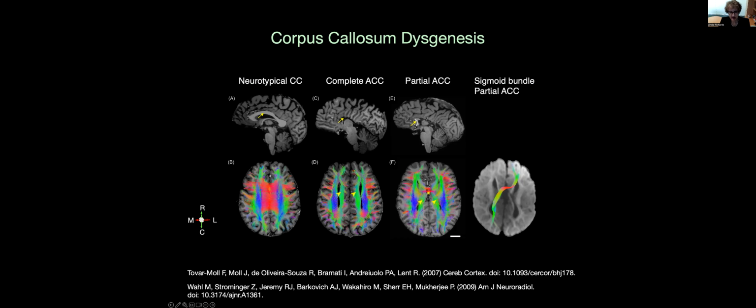Here we're showing some tractography images from our MRI data, and the corpus callosum fibers are coloured in red here. Now in this person with complete agenesis of the corpus callosum, you can see the fibers now run from front to back because they were unable to cross the midline. Here, the corpus callosum is greatly reduced, and there are still these ectopic bundles of fibers running from front to back.